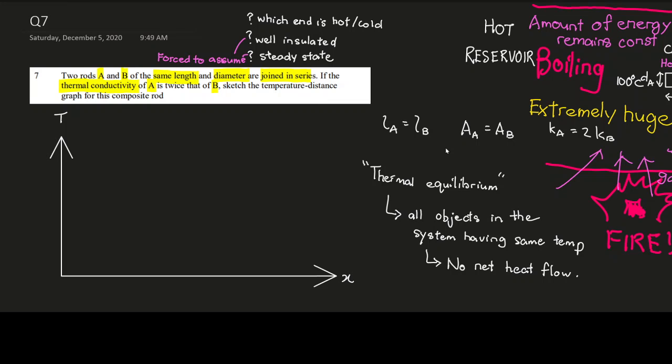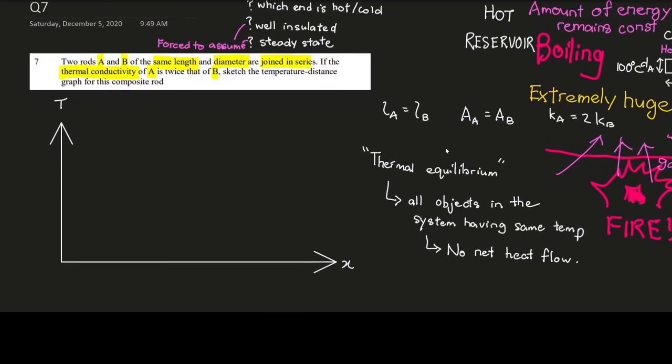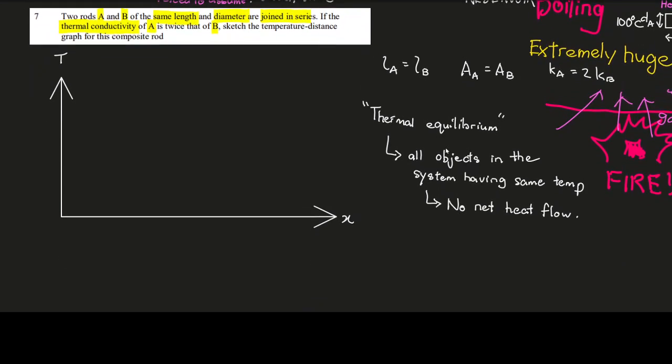Okay, so if the thermal conductivity of A is twice that of B, sketch the temperature distance graph. What should I do? I assume it's steady state, like I said just now.